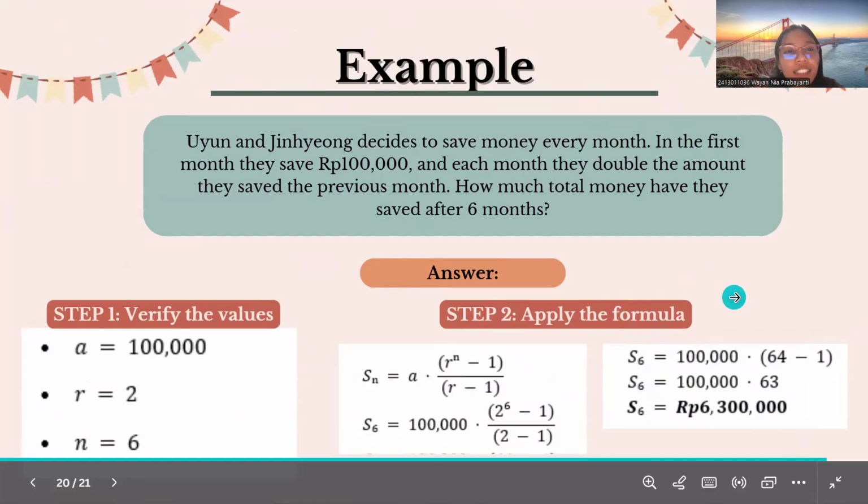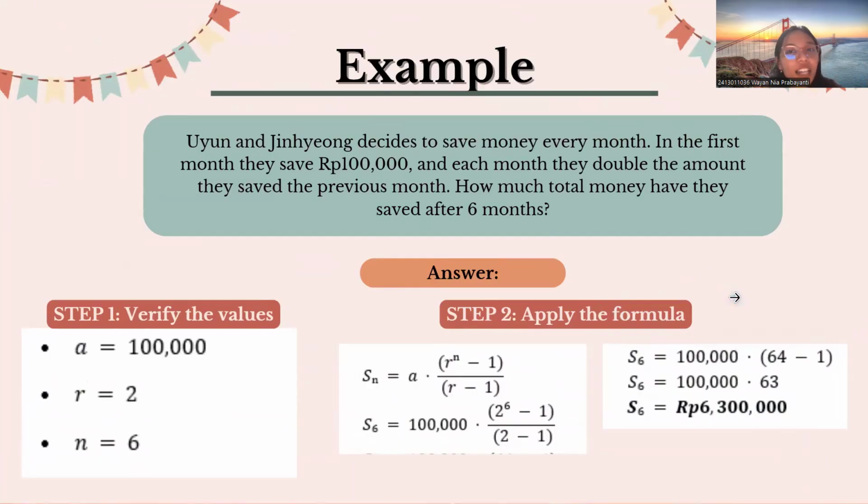Okay, so the next is Uyun and Jin Hyung decided to save money every month. In the first month, they save 100 rupiah, and each month they double the amount they saved the previous month. How much total money have they saved after 8 months? We already know this is going to be a geometric series, so we verify the values.